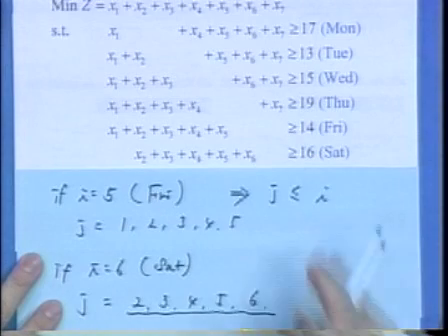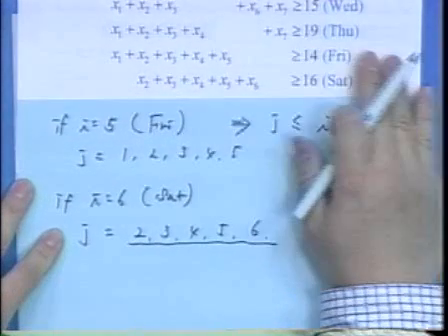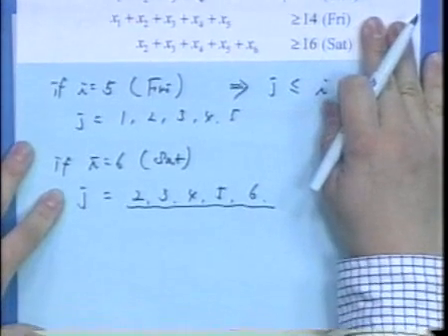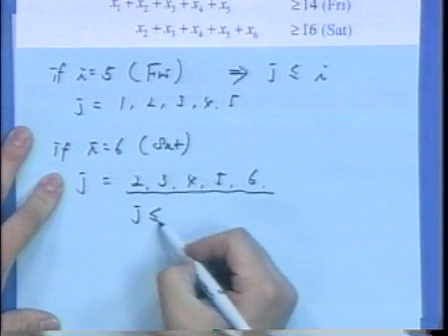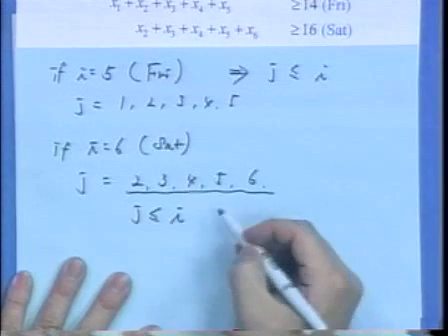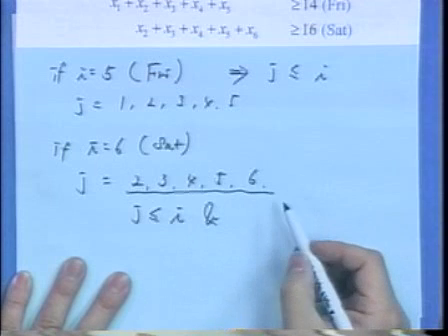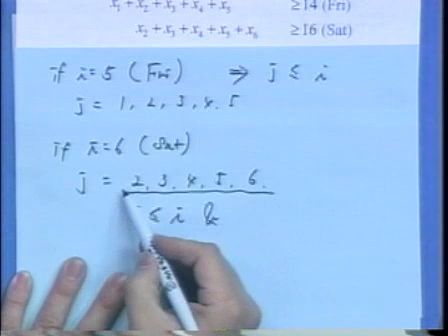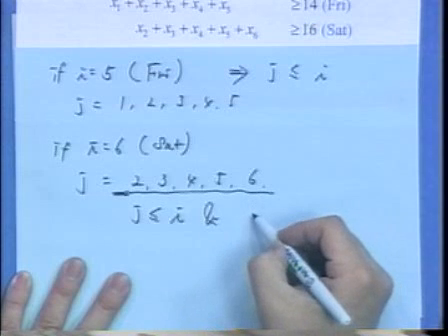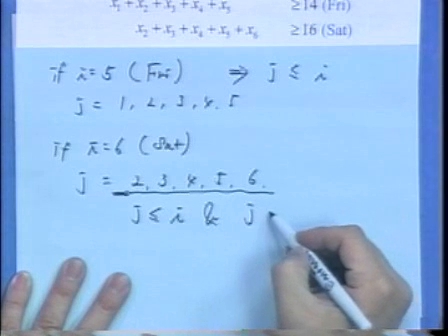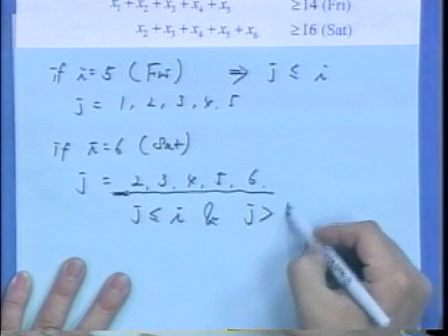How would you get these values? J is less than or equal to I and another constraint, because 1 should not be included, right? So that's why I would like to add one more constraint, that j is greater than 1, right?